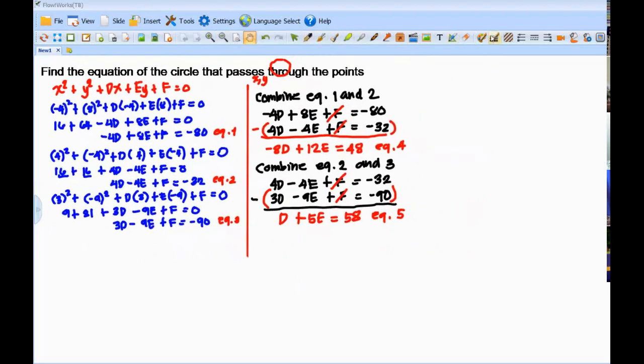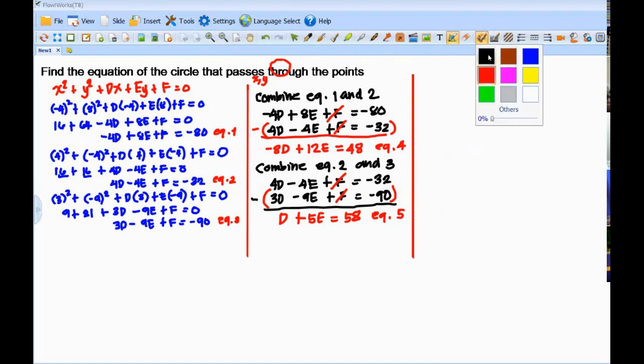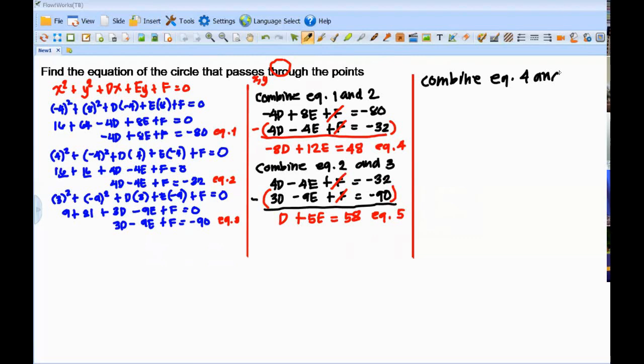Next, we will now combine equations 4 and 5. On this step, you will select what you will cancel.